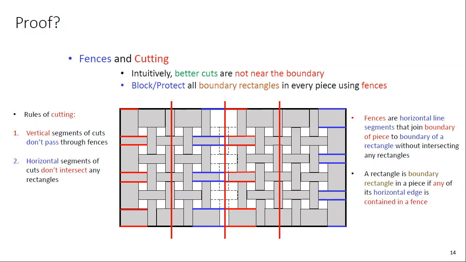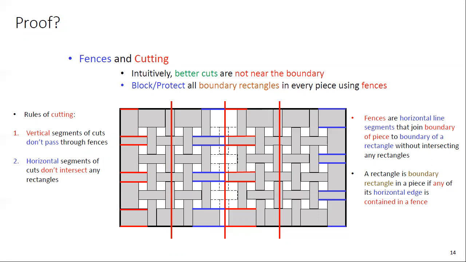But now, if I focus, say, on the right piece, I have new boundary rectangles, so I have to create new fences. I will create new fences on the right and on the left, and again I will apply the same rules on the pieces on the right and on the left.